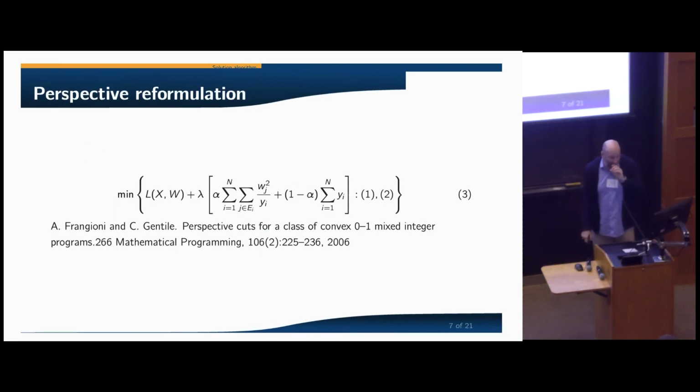And so the step here is what is called perspective reformulation. It's relatively easy to show that this model, in which you take the binary variable and use it as a denominator for the first term, is just a reformulation of the problem as it is.